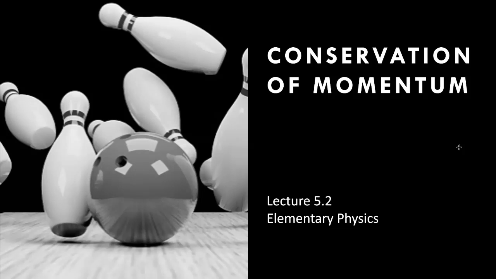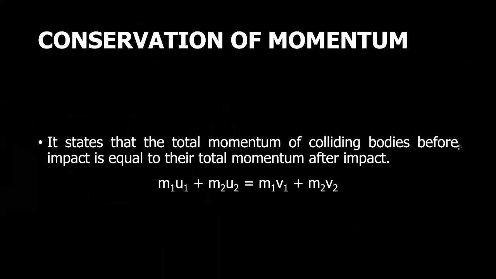But in a system where objects collide or explode, we do take note that the law states that the total momentum of a system is conserved. So that's what we call the conservation of momentum, which states that the total momentum of colliding bodies before impact is equal to their total momentum after impact.